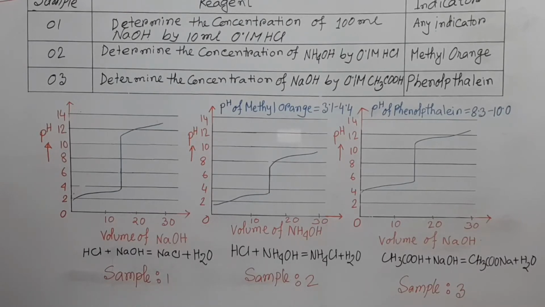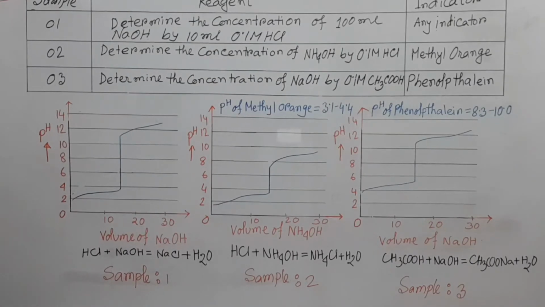So the indicator that changes color at a pH range of 4 to 7 is used in titration of strong acid and weak base. Here we see that the pH range of methyl orange is 3.1 to 4.4. So for this type of titration, that means strong acid and weak base, we use methyl orange.